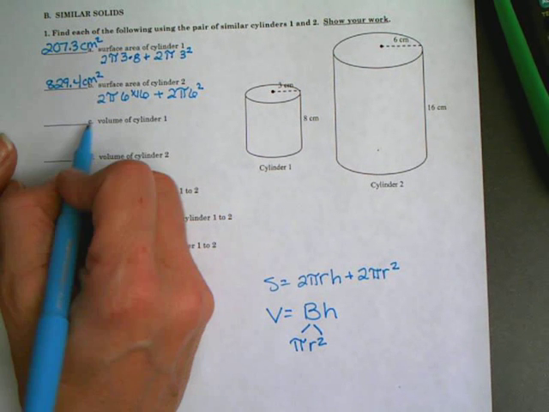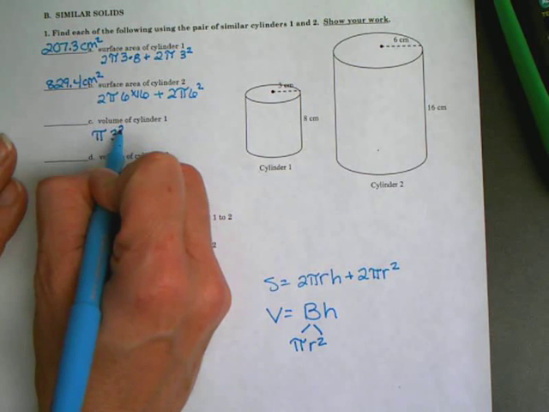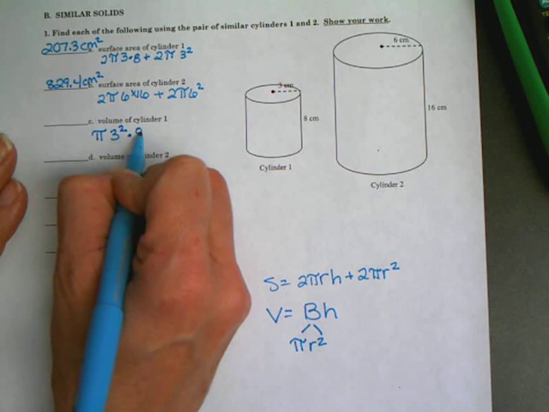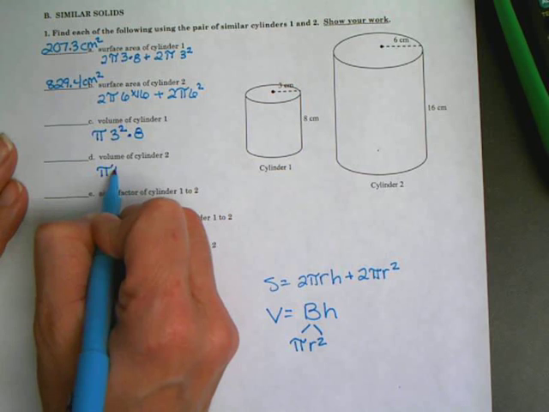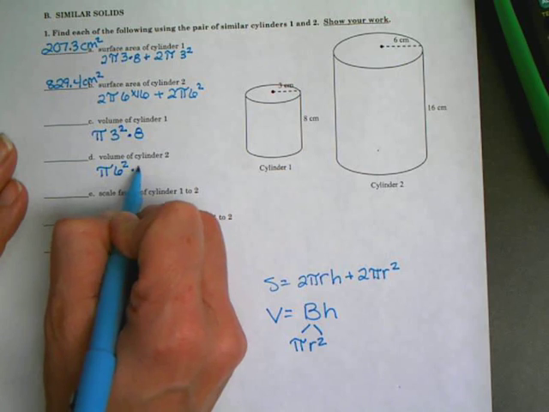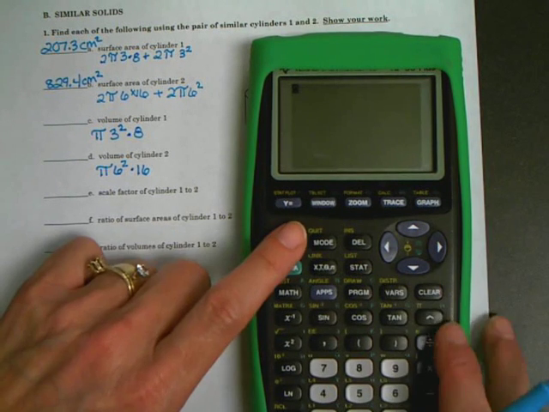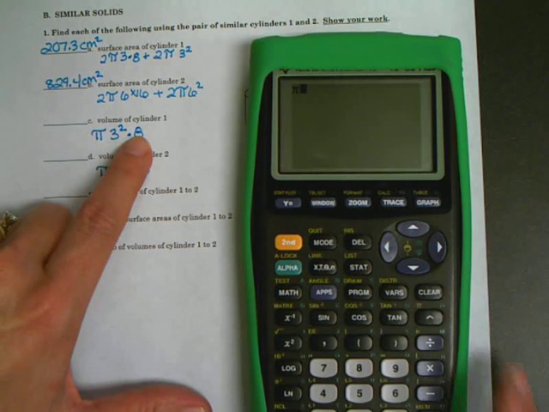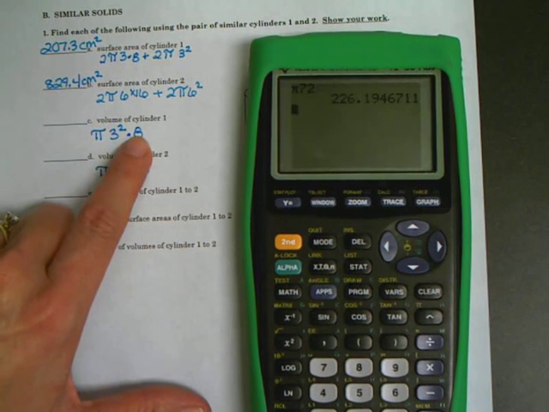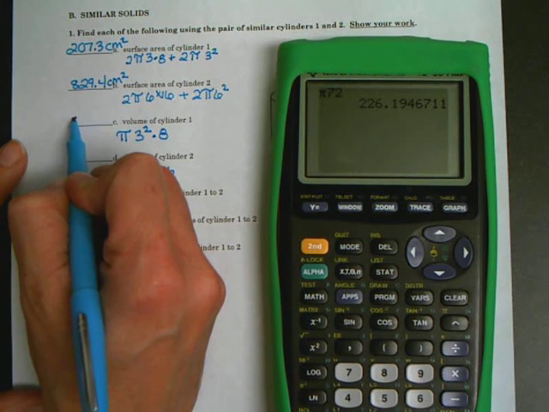And on this one, we've got pi r squared times the height. So we'll put both of those in. Pi, this is 3 squared is 9, and 9 times 8 is 72. So that would be 226.2 centimeters cubed, because we're talking volume, so it's cubic.